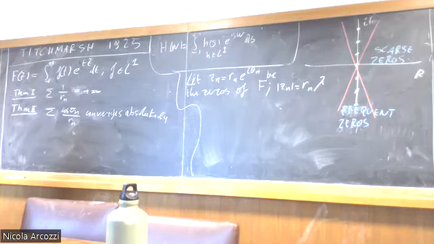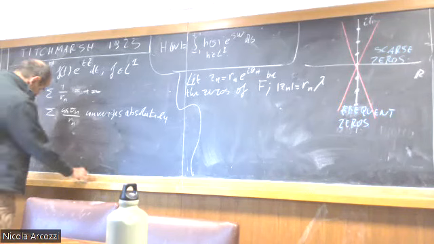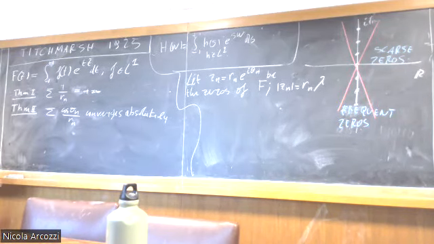The number of zeros, and this is something which we will not prove because it requires some more machinery, is theorem 4.